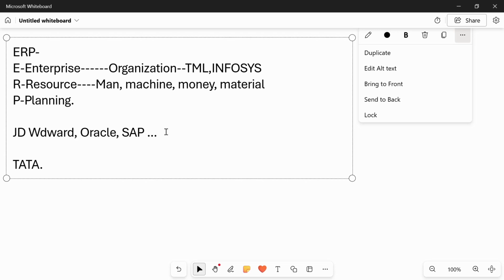Now, let's take one example to understand the importance of ERP software. Suppose in Tata Motors, they are not using any ERP software or any tool. So, they are fully dependent on manual operations. Understand? Now, the production team wants to start the production of Tata Safari.